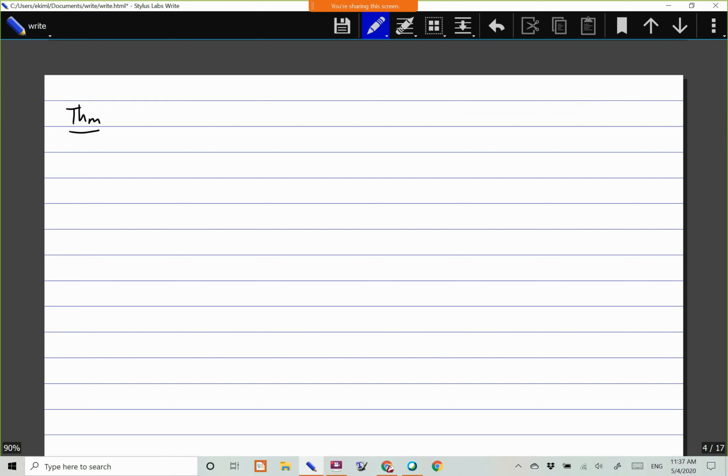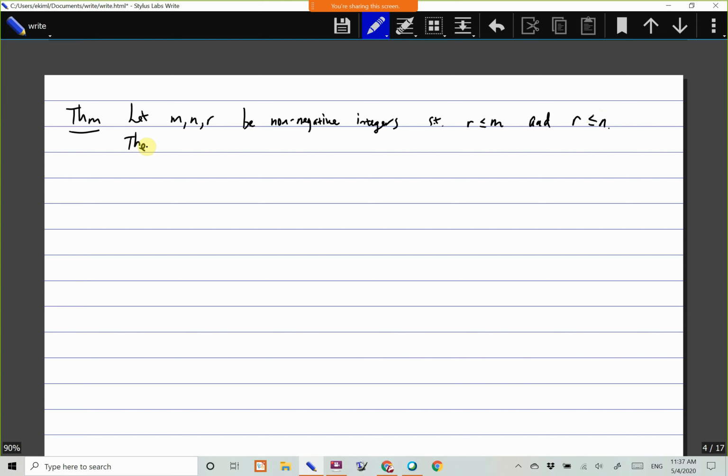The next one in my notes is called Vandermonde's Identity. So let m, n, and r be non-negative integers such that r is less than or equal to m, and r is less than or equal to n.